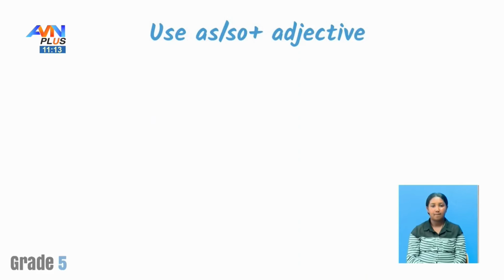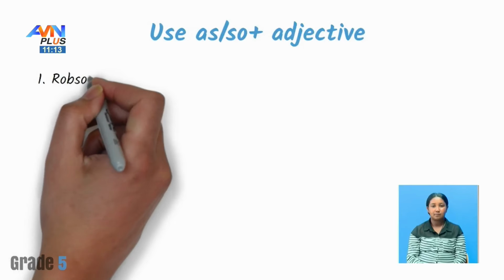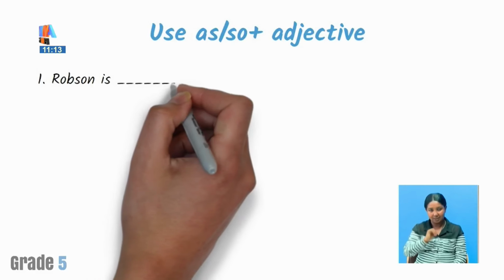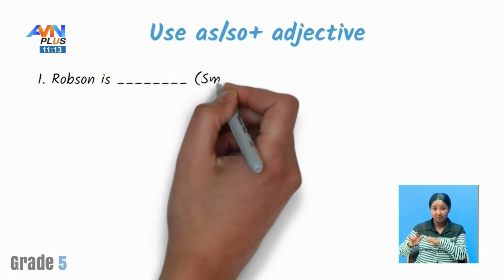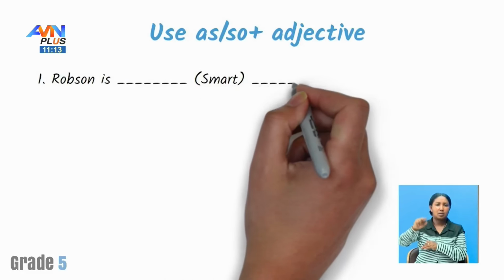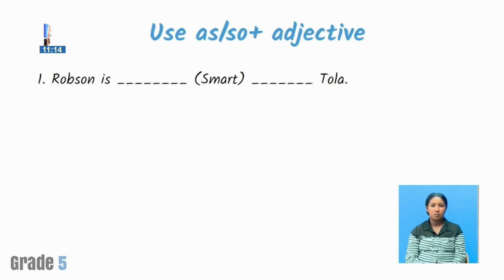Robson is, in the bracket here, the word is smart. Tola. Students, do this work within 1 minute.